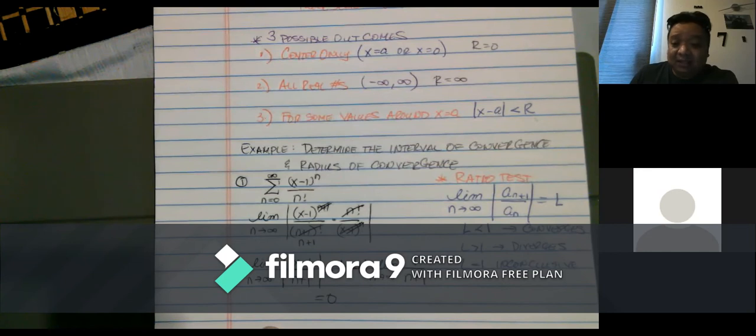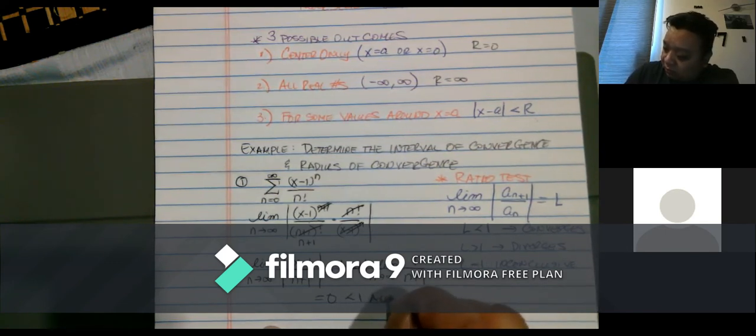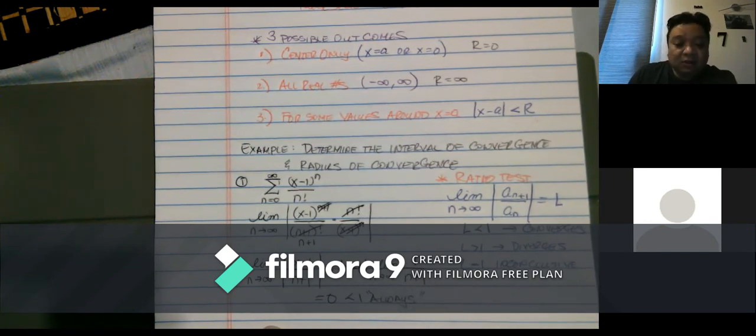So the limit is 0. So now the question is, when is 0 less than 1? Well, that's always. So it's always less than 1, which means it's always going to converge regardless of what x is.